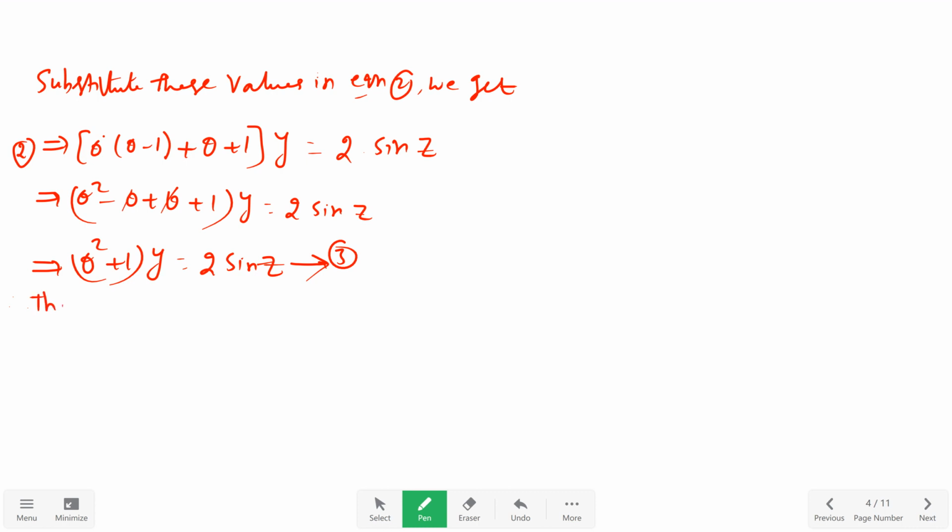So equation 3 is a linear differential equation with constant coefficient.